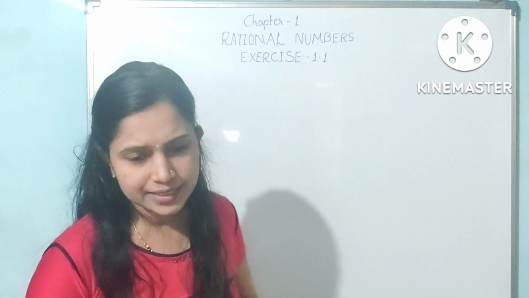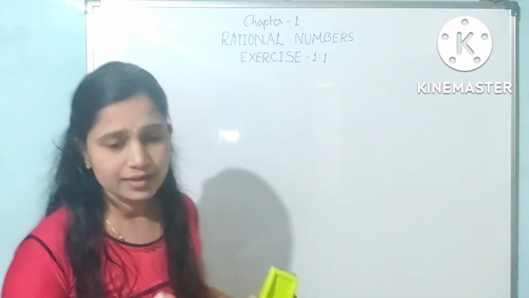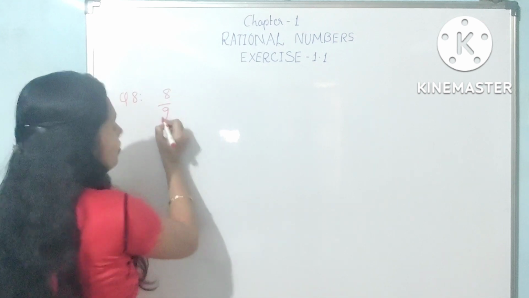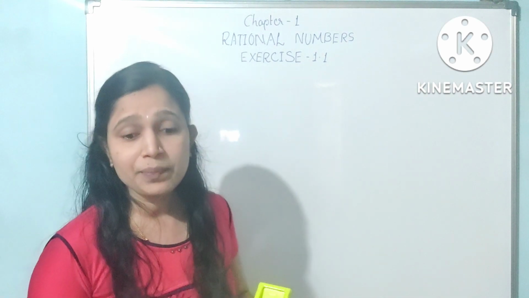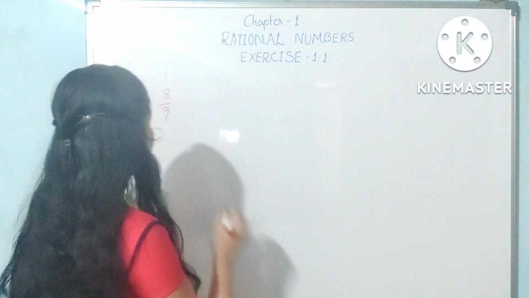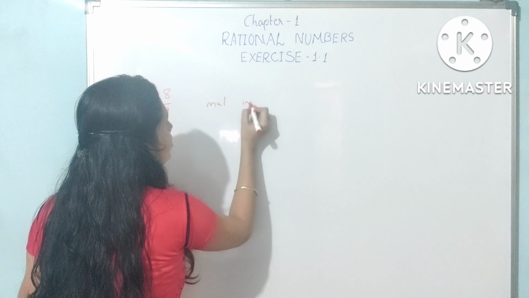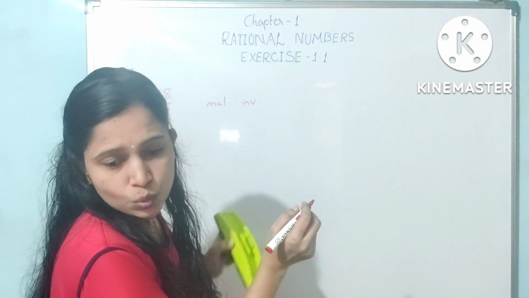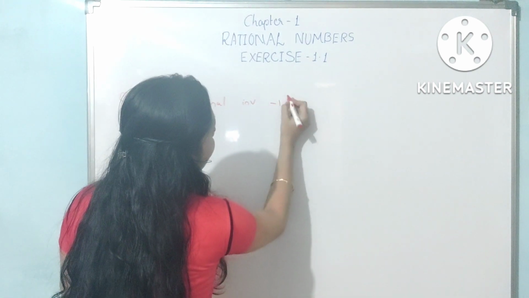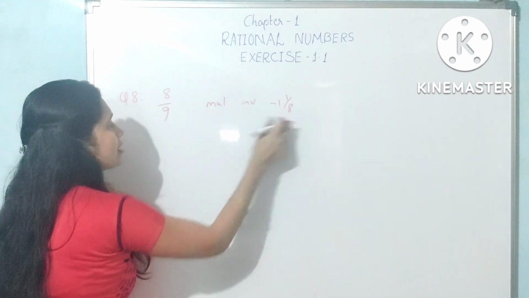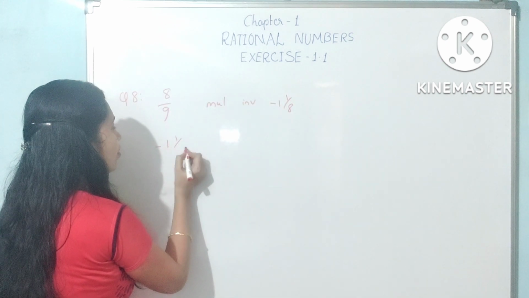The next one is 8 by 9. Whether this is the multiplicative inverse of minus 1 by 1 by 8. Okay, so first we'll solve this. What is the value of minus 1 by 1 by 8?